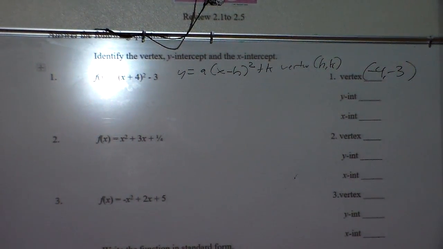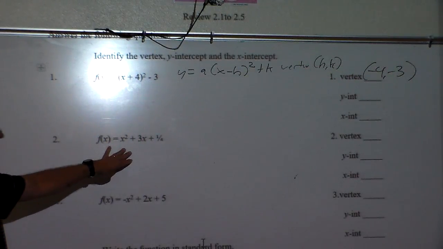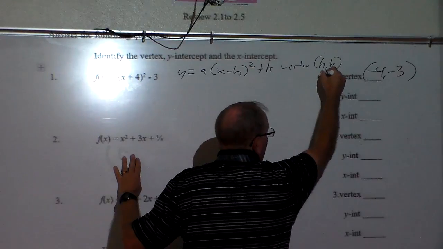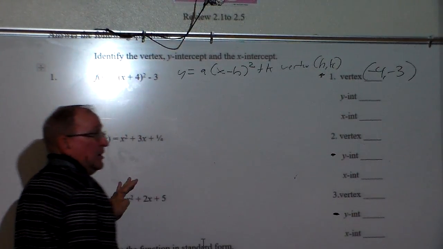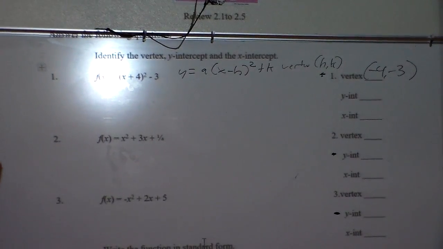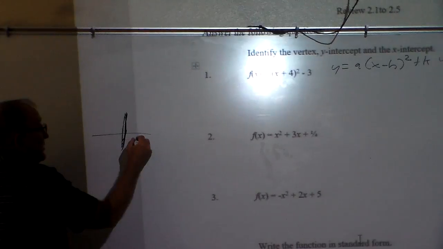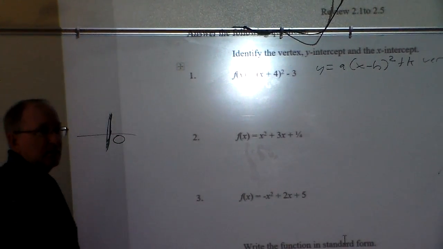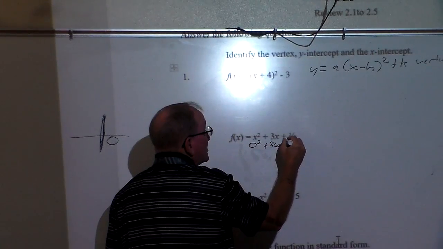Now I'm going to skip down to number 2 and do the y-intercept, because what's already given here tells you. At the y-intercept, when you graph these, what's your x value? 0, right? So if you put 0 in here, what happens to all these numbers?